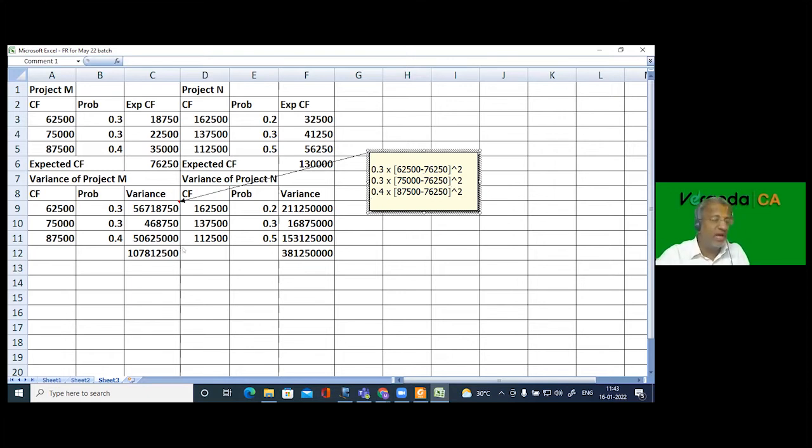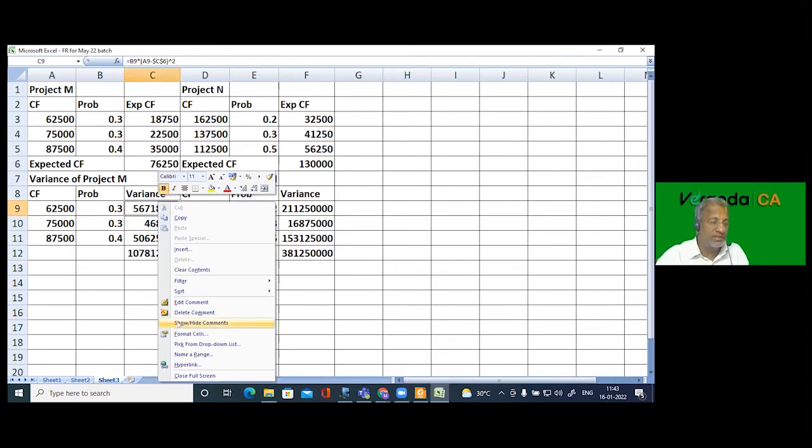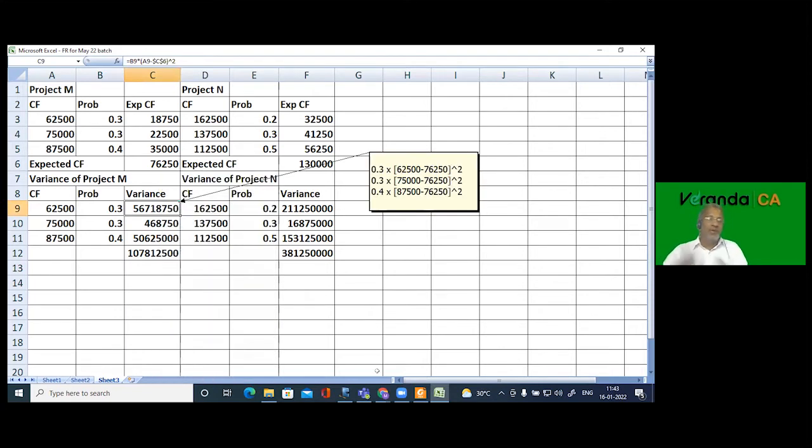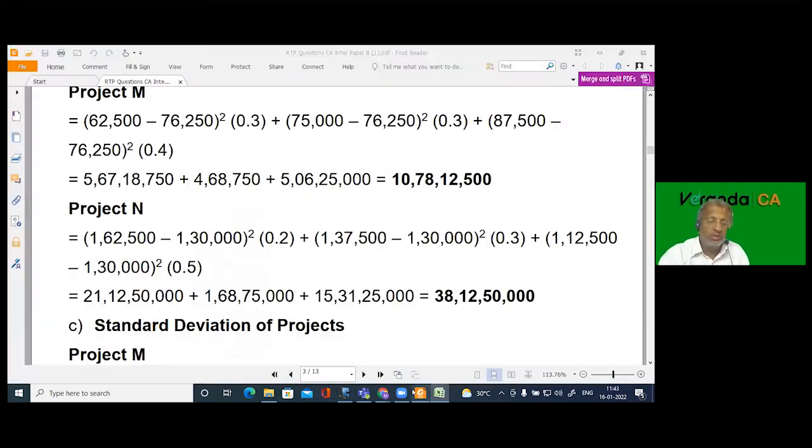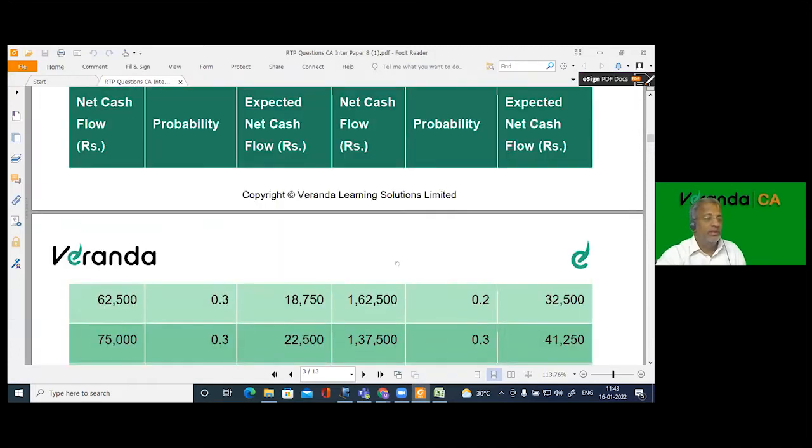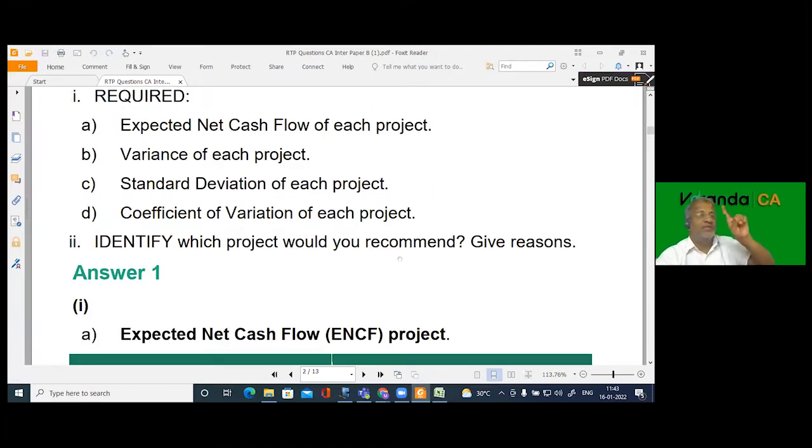That is the way we arrive at the variances, and likewise in other cases also. So we have got the first answer for the first part of the question, the variance.